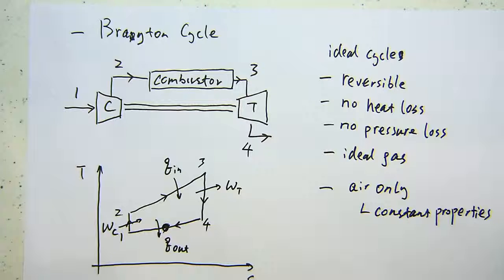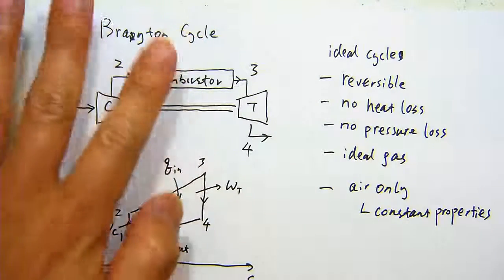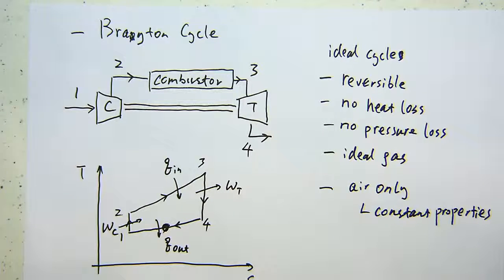So the useful output of this process is the shaft work, right? That's different from what we are going to discuss probably tomorrow, which is aircraft propulsion. So shaft work is a useful output from the Brayton cycle.